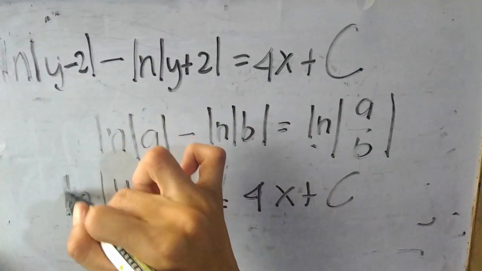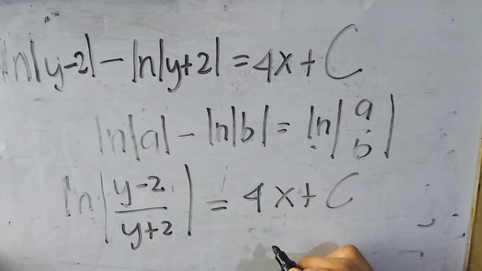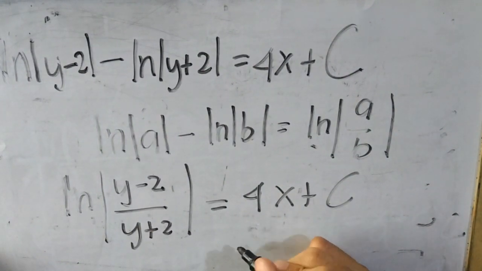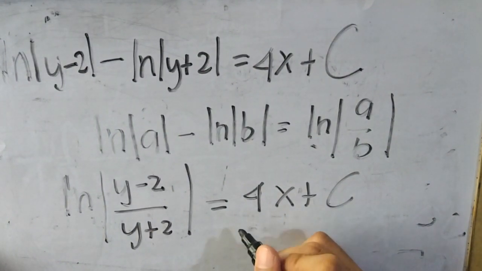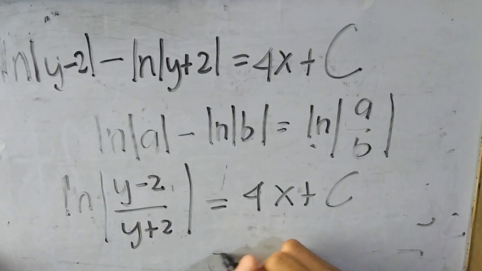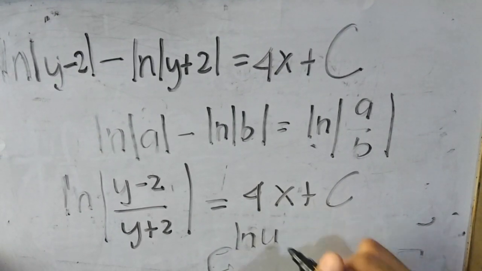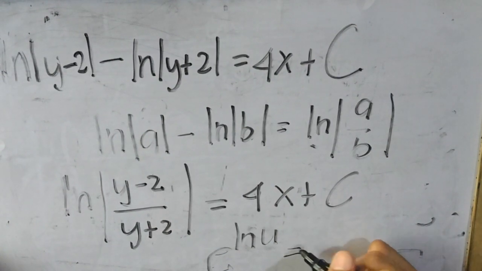In order to cancel the ln, we will also remember the properties of logarithm, which is e to the ln of a certain function, which we'll call u, is equal to u.